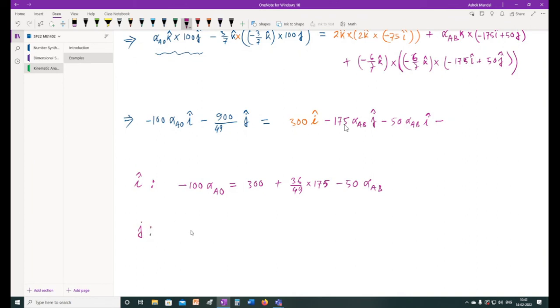Calculate and tell me. Have you got this, 36 by 49 into 175?